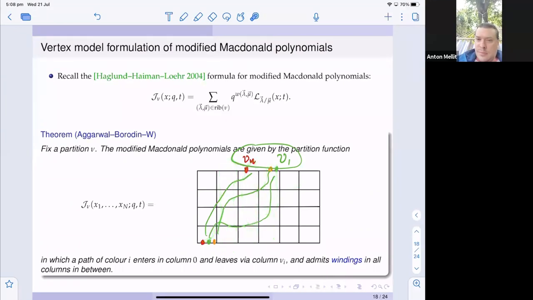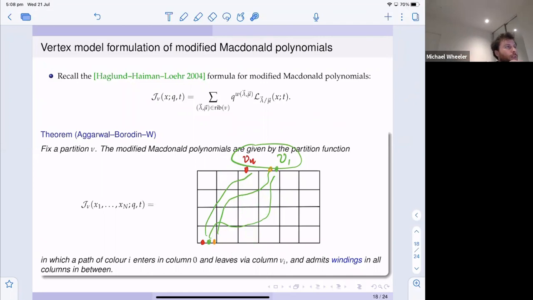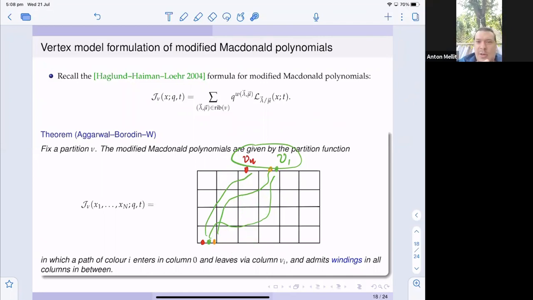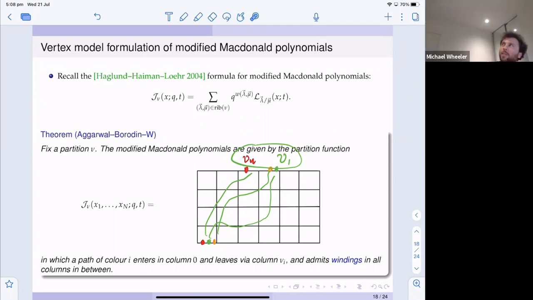Every single time it winds, you get a Q fugacity. So you can also think about periodic tableaux. Yeah, but usually periodic tableaux are periodic in this direction. So no, it's not the usual periodic. There are periodic tableaux that you can define where you have periodicity in that direction. But here it's really that you wind in this direction.